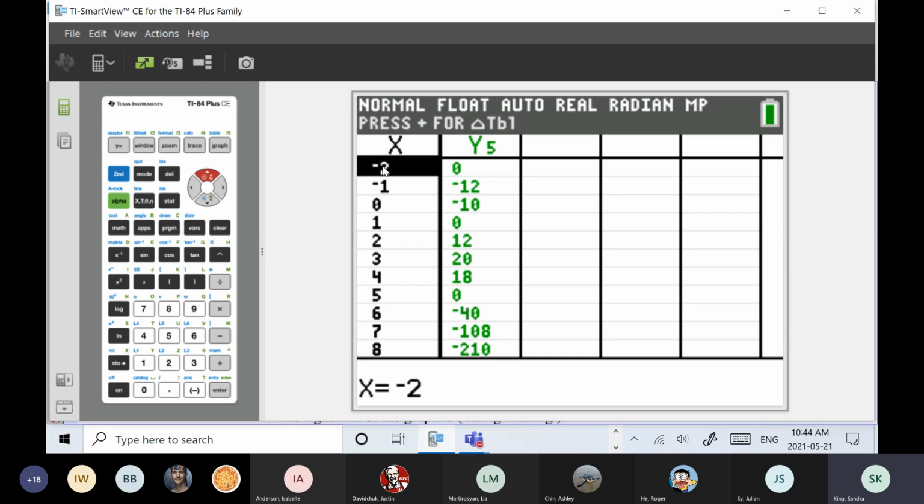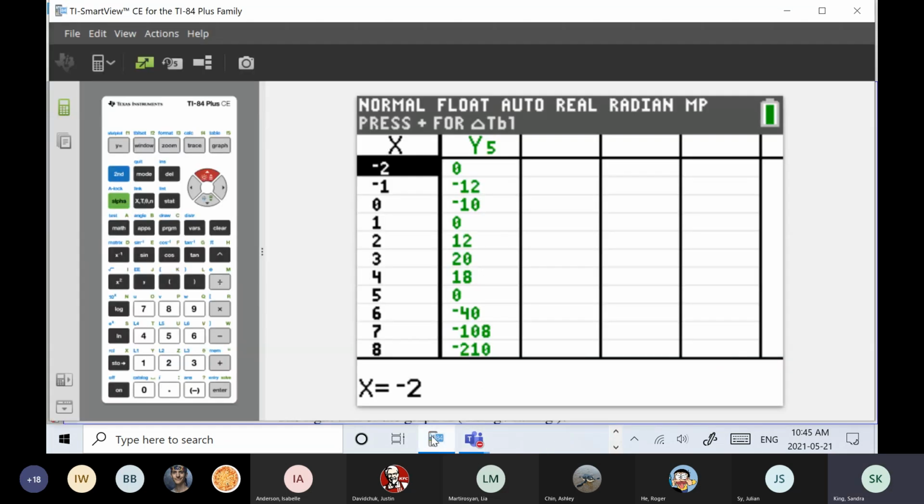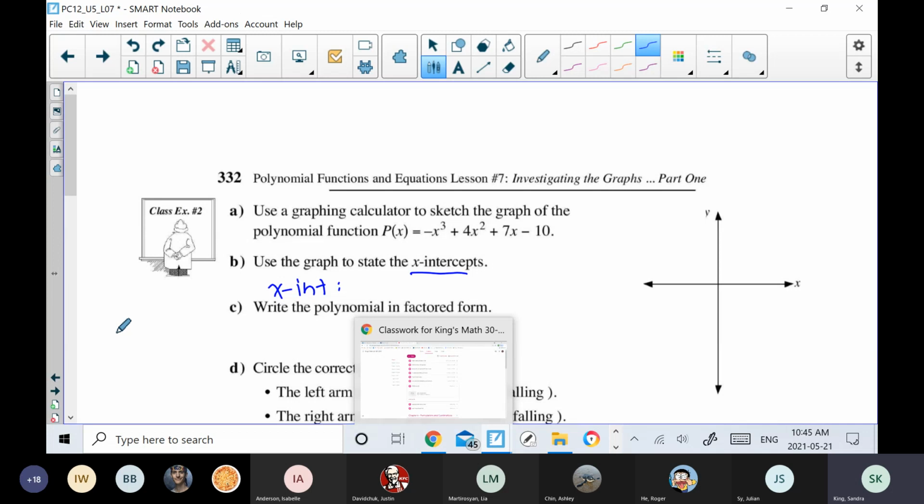X is equal to -2, there's a 0 at 1, and then there's a 0 at 5. Okay, so let's write those 3 zeros down. Oh, they're calling it x-intercepts, so that's perfect. The x-intercepts, according to the calculator, are -2, 1, and 5.